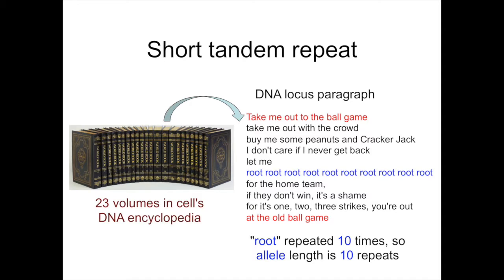There might be 5, 6, 7, 8, 9, 10, many different lengths. And that's a source of variation that can be used to distinguish people. And scientists measure the number of repeats, or the allele, for the different variant that a person has, by measuring the length of the genetic paragraph. Longer paragraphs means there's more repeats.